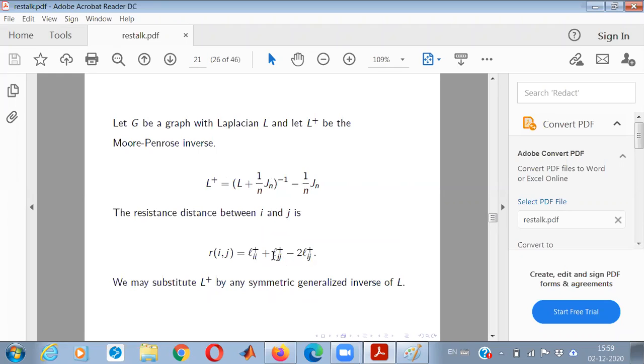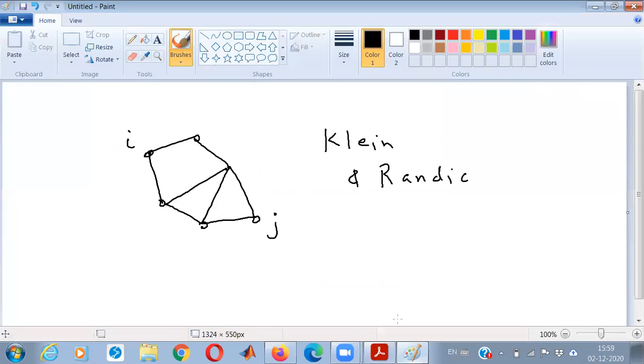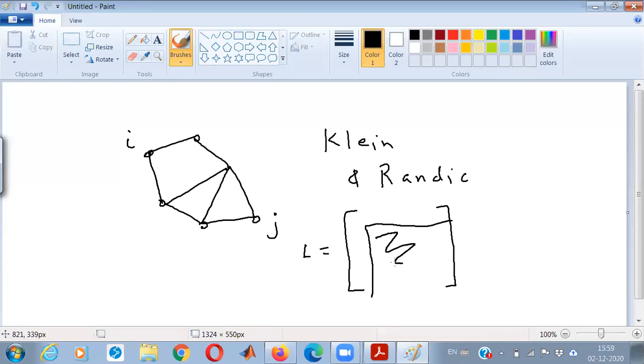And because we saw that this quantity is invariant under the generalized inverse, we can substitute any symmetric generalized inverse. But if it is not symmetric, you just have to split this into two terms, Ij and Ji. And here I want to make a remark that if you take a very simple generalized inverse, which we do in our classroom to compute generalized inverse: if you have a Laplacian, if you have a matrix, then you delete the first row and column, and then this is non-singular because the rank is n minus 1, all principal minors of order n minus 1 are non-singular.